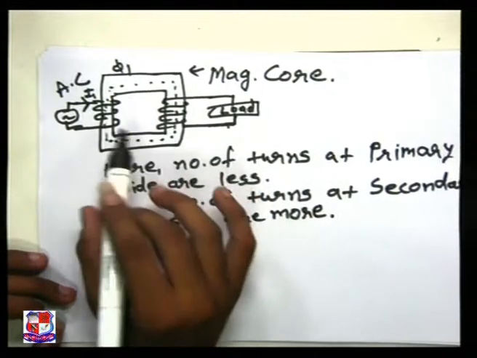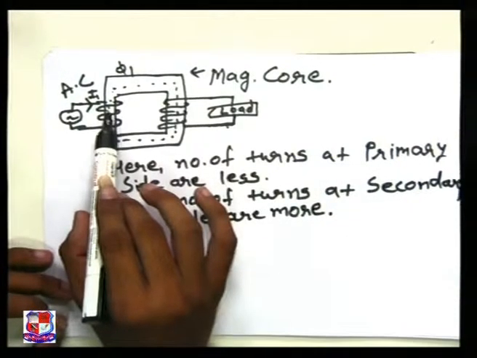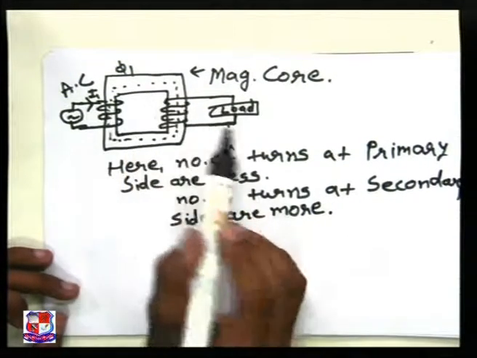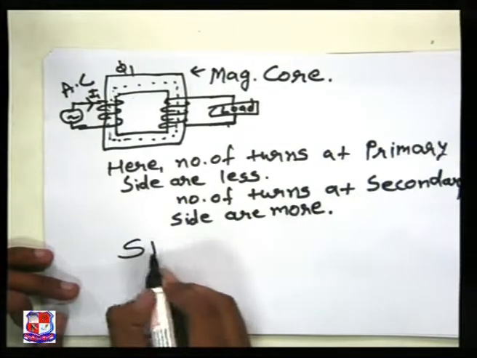So if the number of turns at the primary side are less and the number of turns at the secondary side are more, then this transformer will be known as a step up transformer.